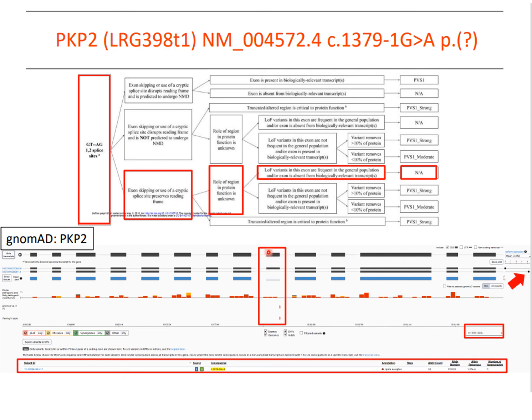This is exon 6 at this end. This is a search bar, and I typed in the variant c.1379-1G>A. You find it in ClinVar. It's marked here, and you find it 38 times. This is the variant here, and it's exactly on this splice site.